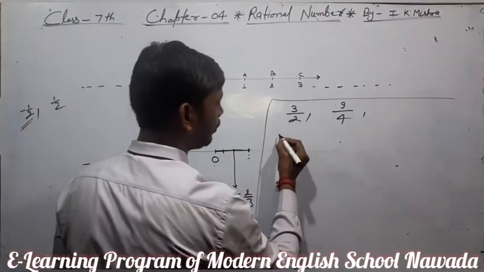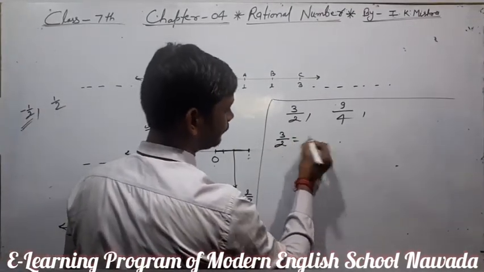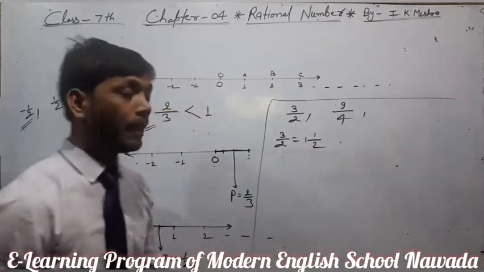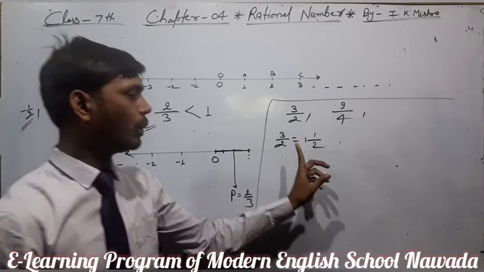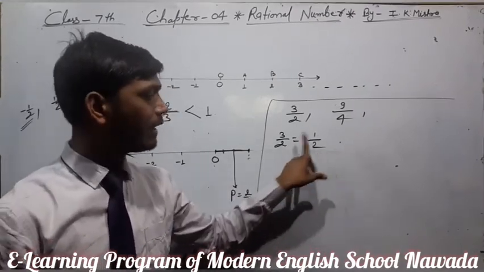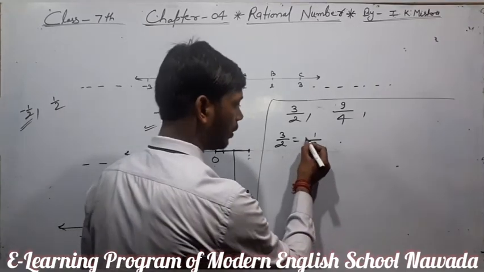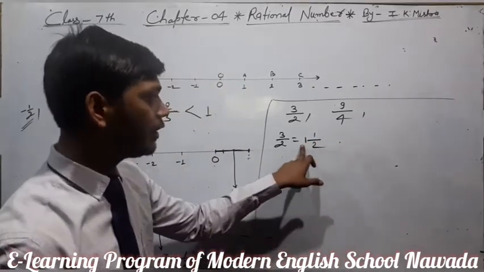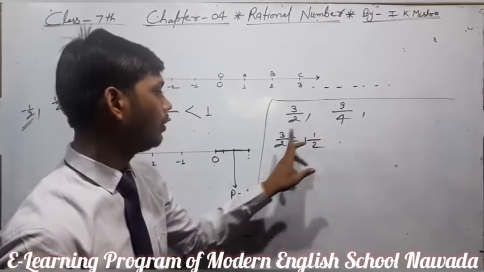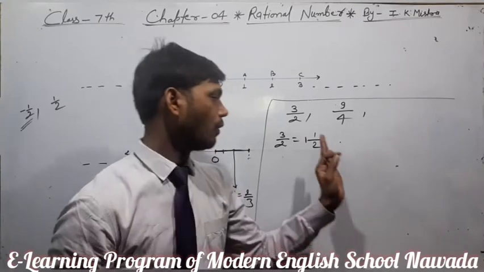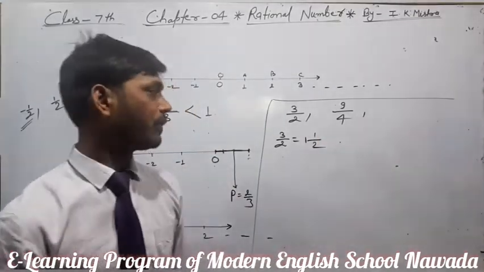Here 3 by 2 means 1 whole 1 by 2. That means its value lies between 1 and 2, because 1 is whole and some part is added, but it is less than 2. So 3 by 2 lies between 1 and 2.